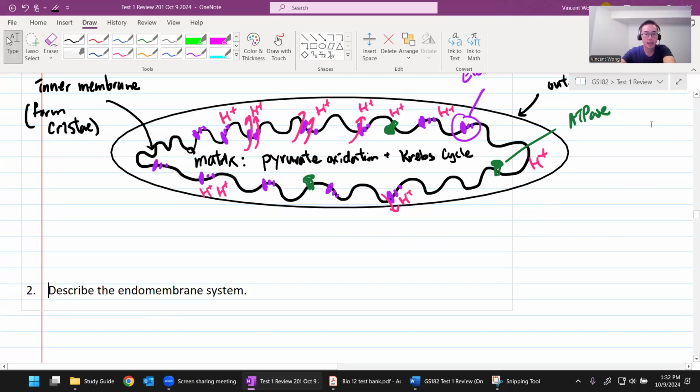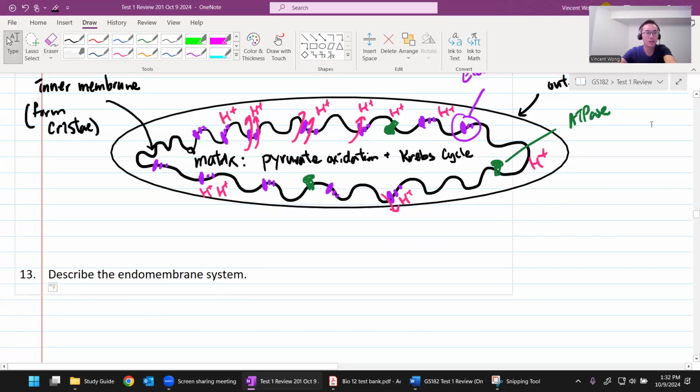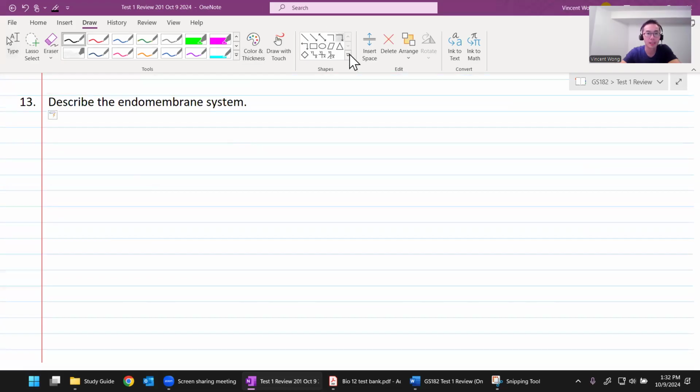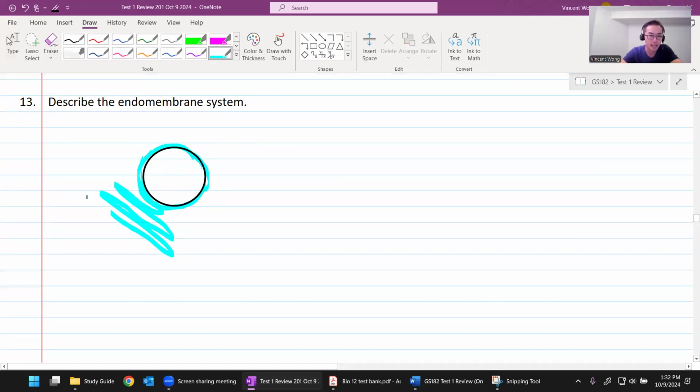Next we have describe the endomembrane system. I'm just going to briefly go through it with you. You can watch the recording from the earlier class to figure that out. This is the nucleus, and then we have the nuclear envelope. The envelope is going to extend outward and form the rough ER. It's rough because it has ribosomes on it.